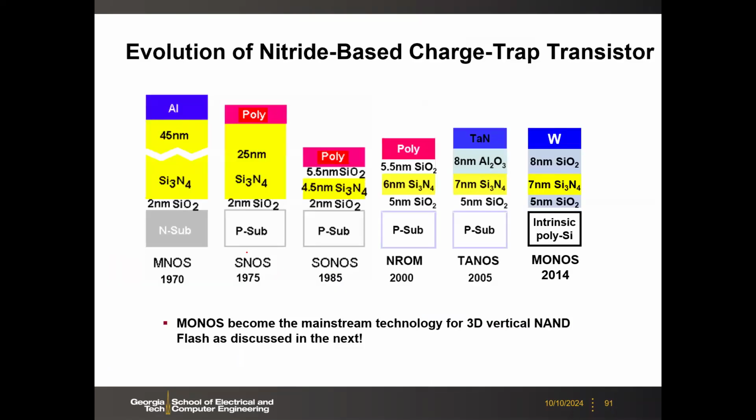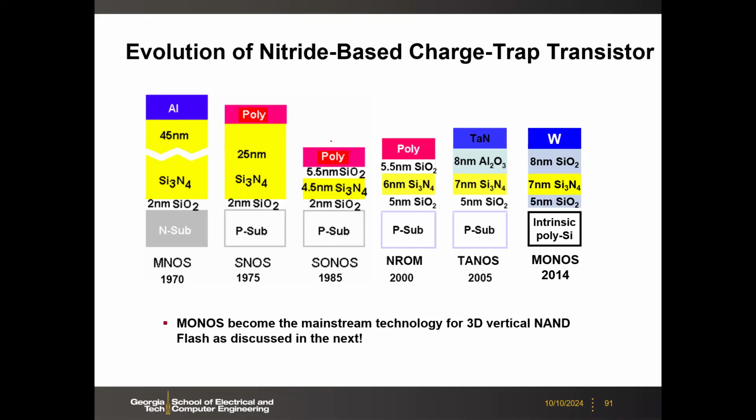So there are changes actually for the nitride-based charge trap transistor. It was proposed a long time ago, at a similar time as the polysilicon floating gate transistor. Used to be SONOS, where the top control gate is still polysilicon.